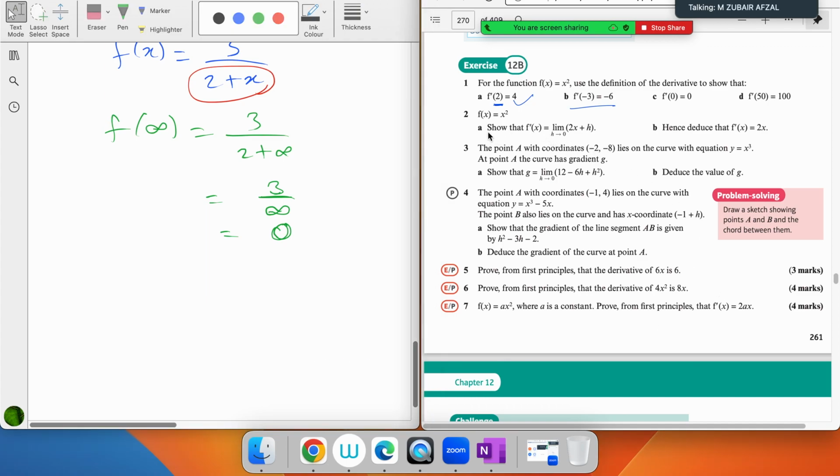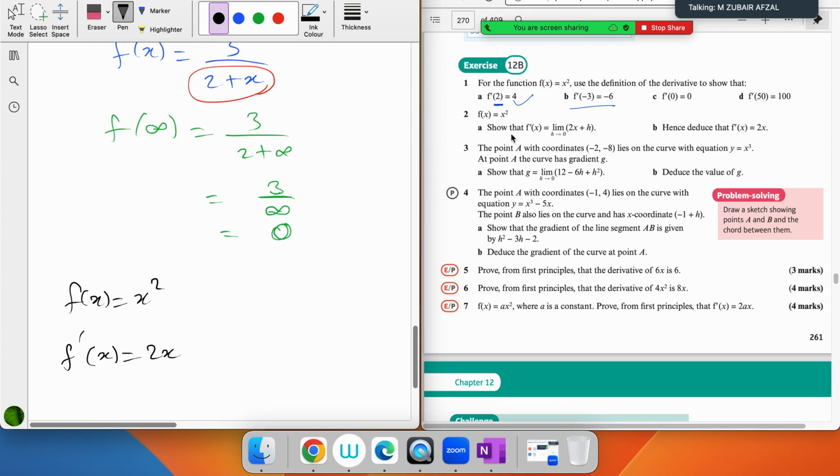Now see, it says f dash x. Okay, let's do this first. F of x is equal to x square, and f dash means a single derivative. Single derivative is 2x. Now in this question it says that h approaches 0. Show that f dash x is equal to the limit of 2x plus h, as h approaches 0.